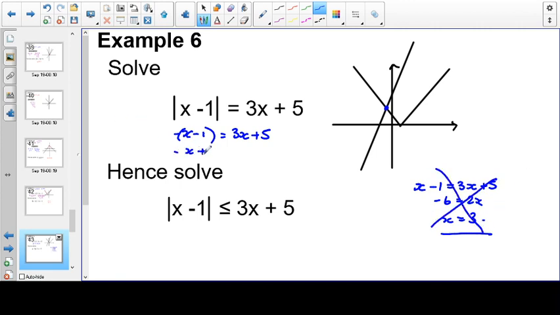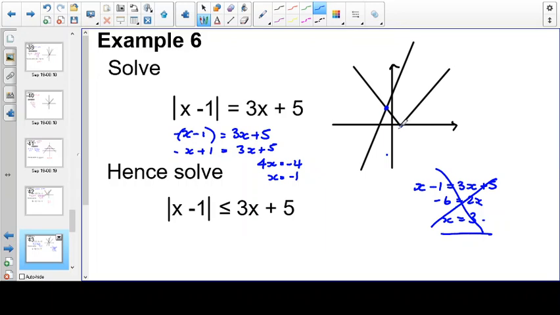Negative x plus 1 equals 3x plus 5. 4x equals minus 4, so x equals minus 1. Okay, so that is that one solution there. There is no other solution.